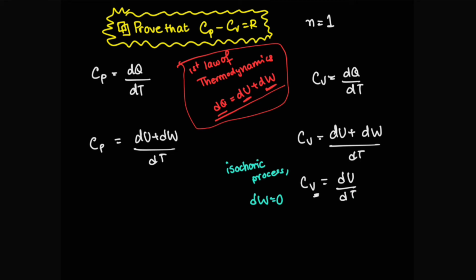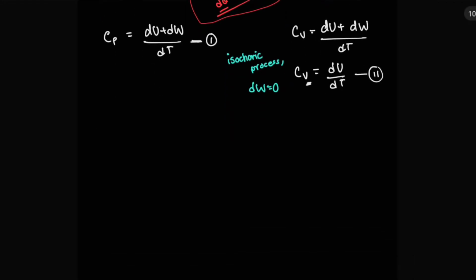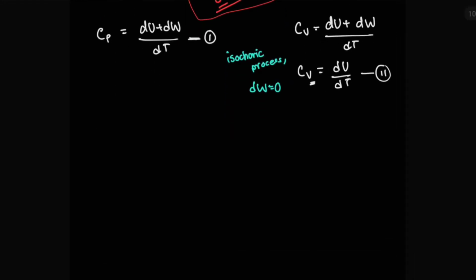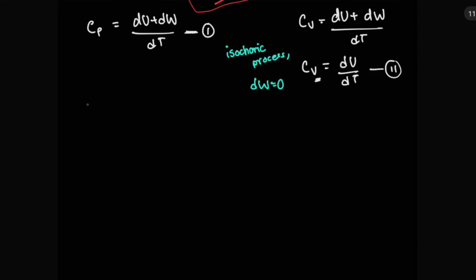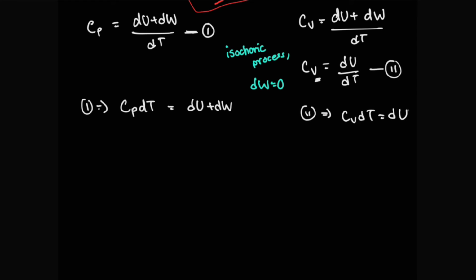We label this equation as 1, and for Cv, it is equation number 2. Alright, if we are clear with this concept, then we can write equation 1 as Cp dt is equal to du plus dw, and 2 as Cv dt is equal to du.